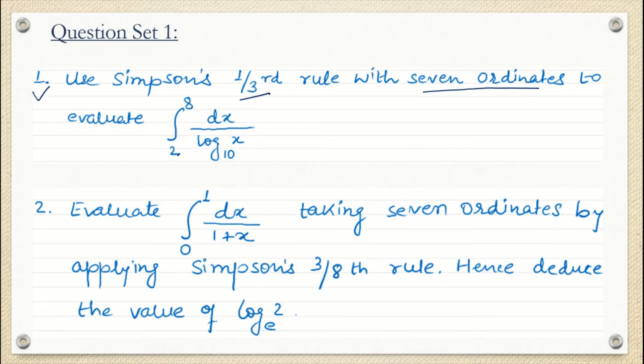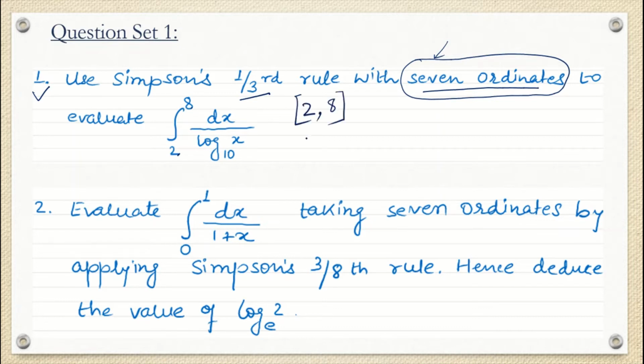They have given us that we should use the rule with 7 ordinates. We will first understand what an ordinate is and why they have given this value. The very first step in Simpson's rule is to see the limits of this definite integral: the lower limit is 2 and the upper limit is 8.